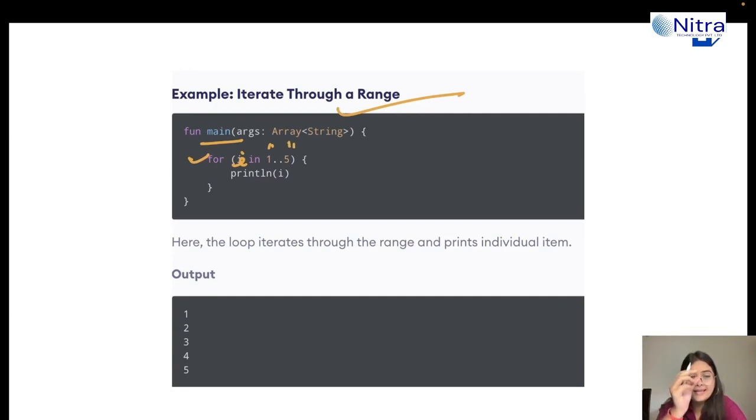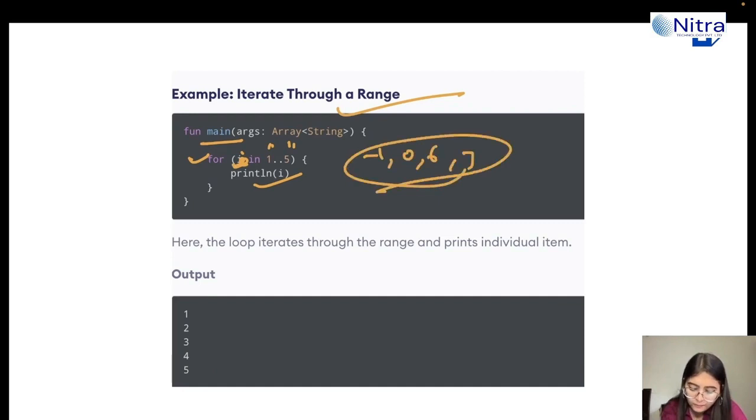If the value of I is between 1 to 5, then go and keep on printing I. If the value of I becomes, let's say, -1 or 0 or 7, 6, anything, then it will not execute this piece of code.